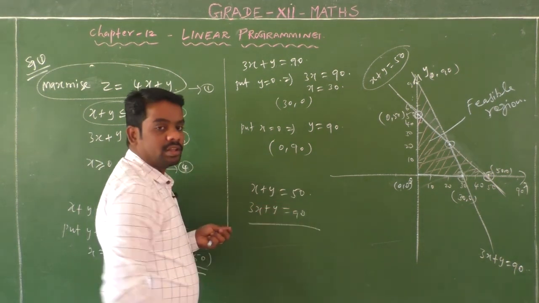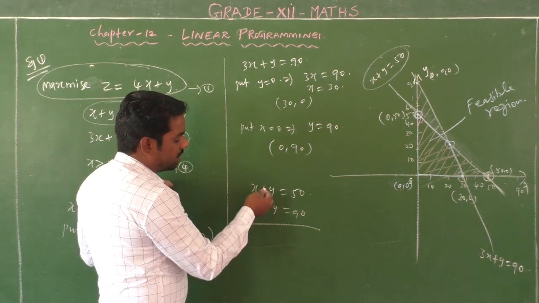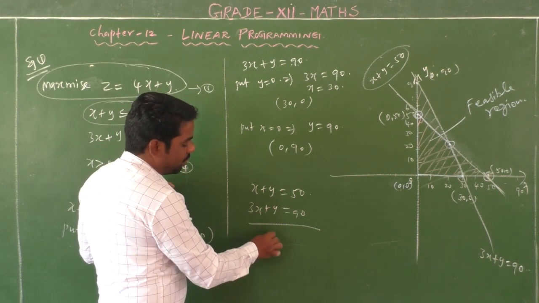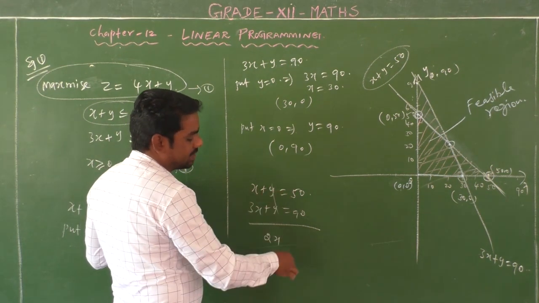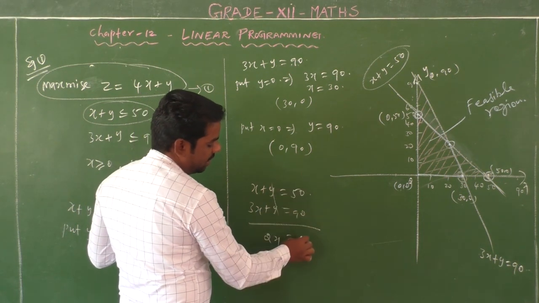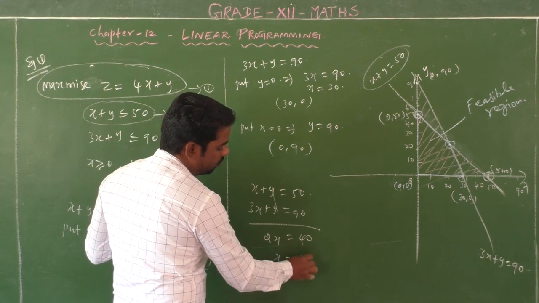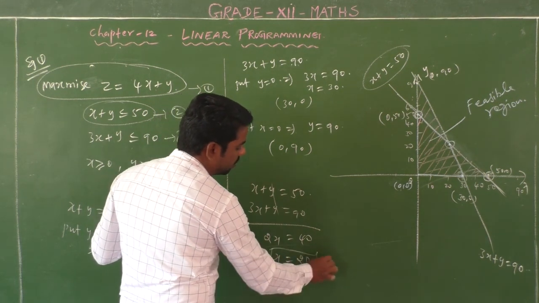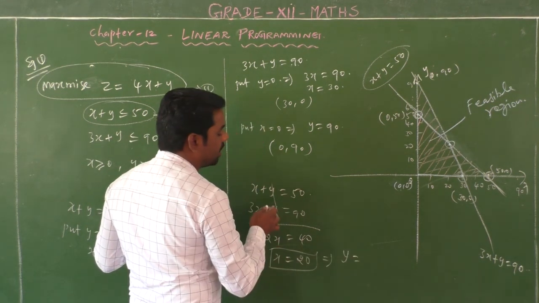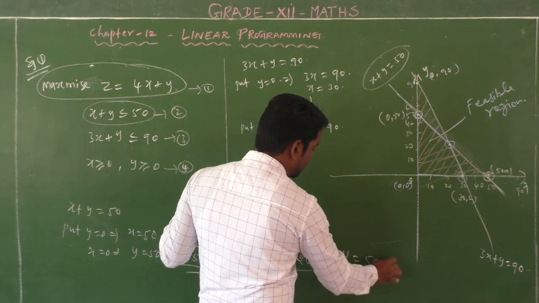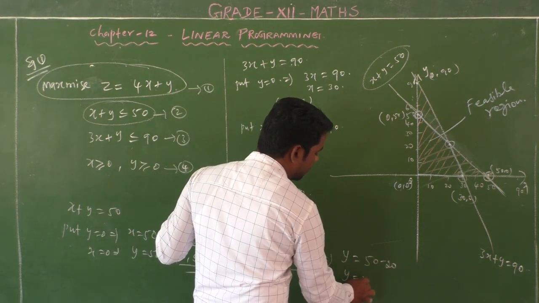Solve these two equations by subtracting: 3x minus x is 2x, y cancels, and 90 minus 50 is 40. So x is equal to 40 by 2, which is 20. So x equals 20, which implies y equals 50 minus 20, that is y equals 30.